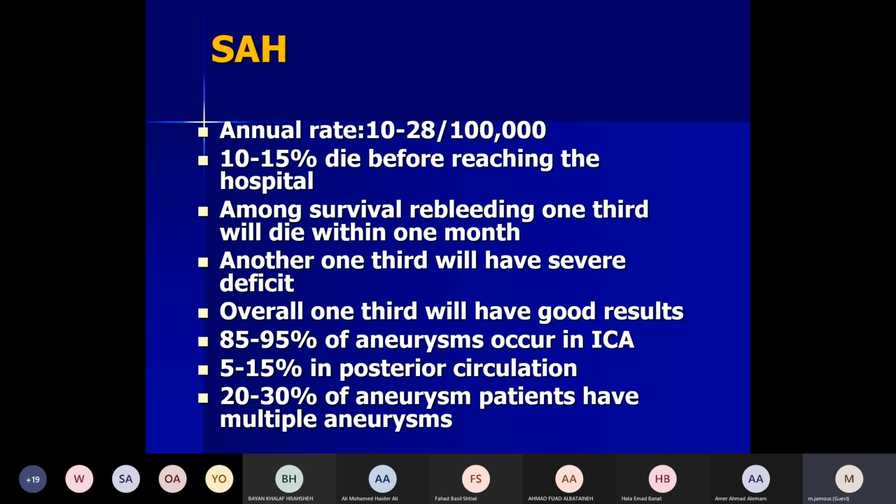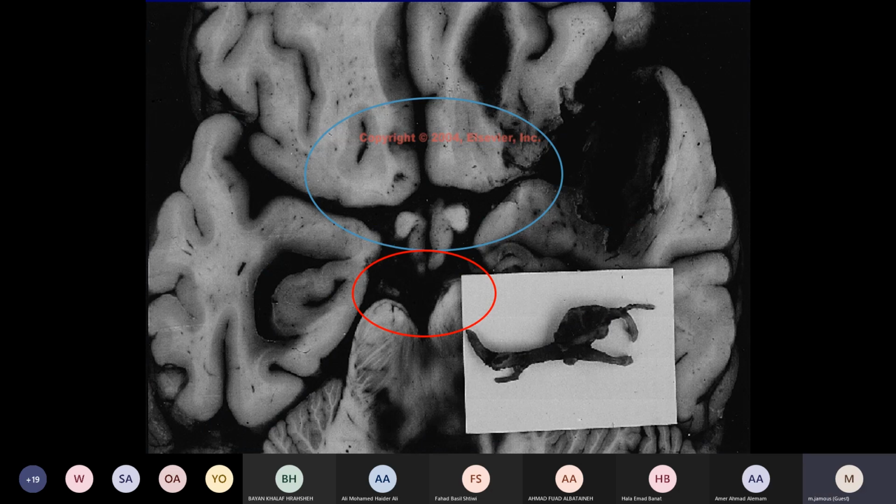Most of the aneurysms, about 80 to 90%, occur within the internal carotid artery territory. About 10% occur within the posterior circulation, mainly the basilar artery and its branches. About a third of patients have multiple aneurysms, more than one aneurysm. This is the circle of Willis; you can see it at the base of the brain.